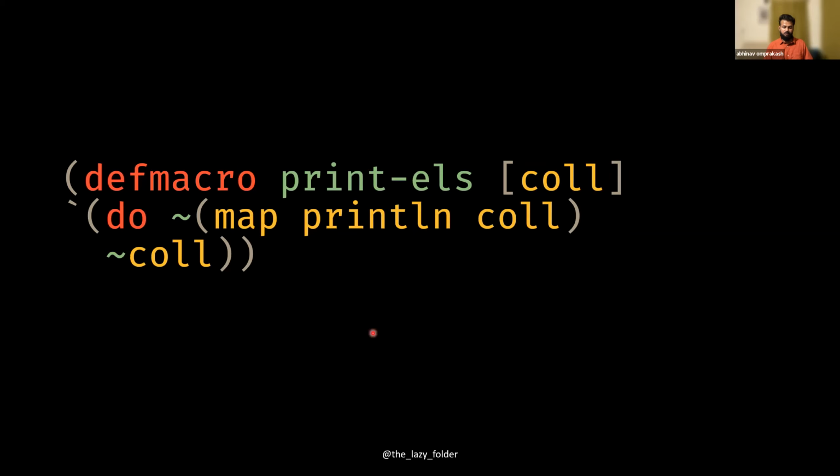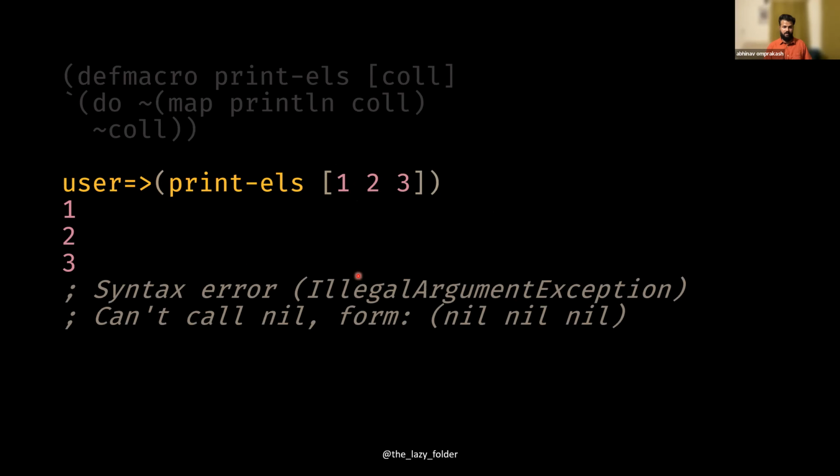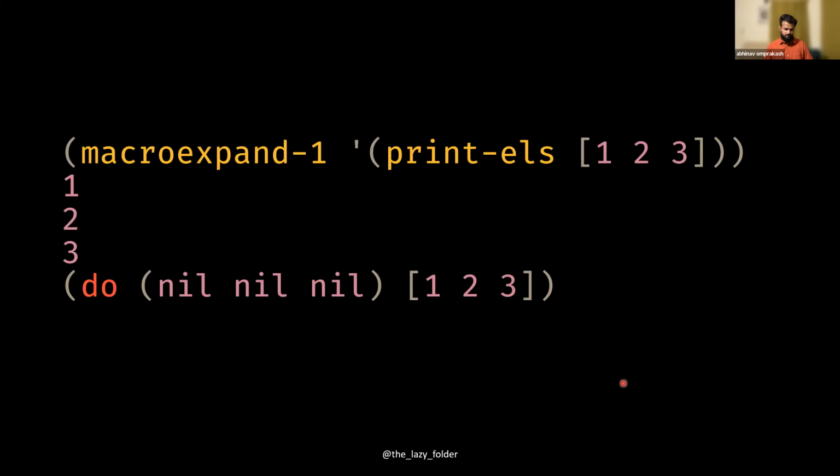It seems pretty straightforward, but it doesn't work. And here's why. You get a "can't call nil" error. Let's macroexpand to see what the macro is actually returning. And here, these are the side effects that are printed.